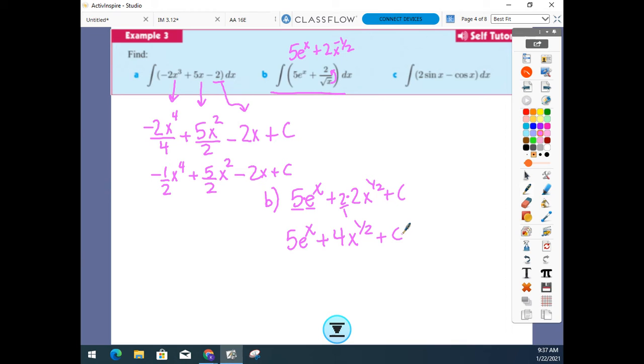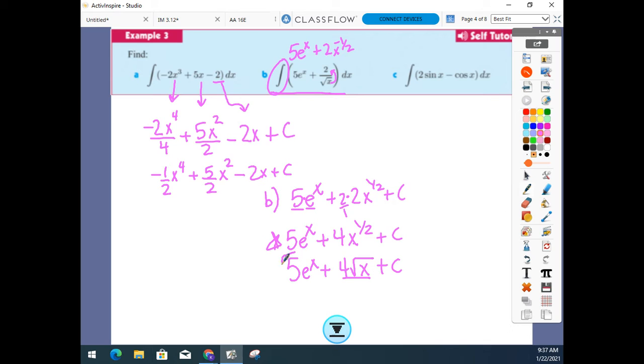Now, if you're just doing the antiderivative, you can just stop there. A lot of the times the book will rewrite x to the 1/2 as the square root of x, because this would be easier to evaluate when there's numbers here. So as an antiderivative, this is totally fine.